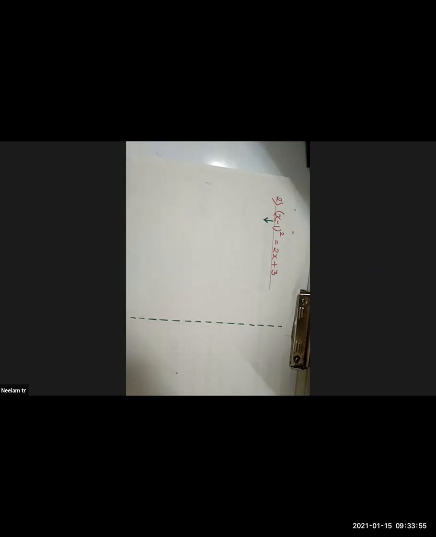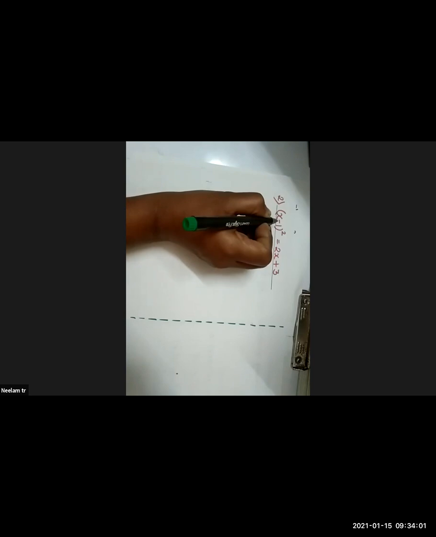In this, my first step is to solve this: x minus 1 the whole square. What will I do here, class? Solve this. How will you do it?